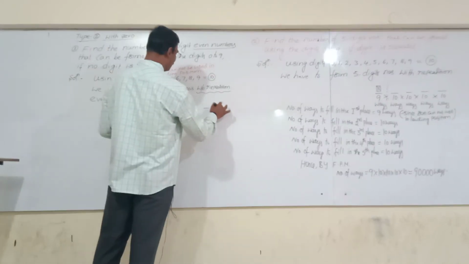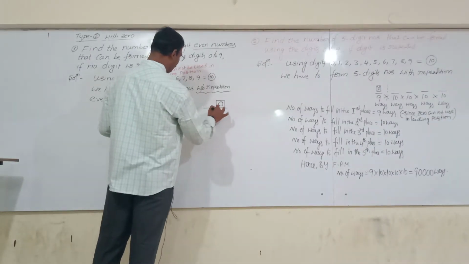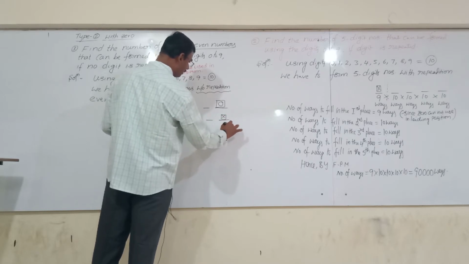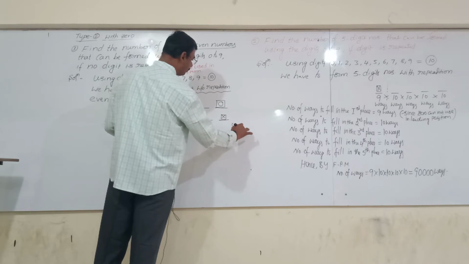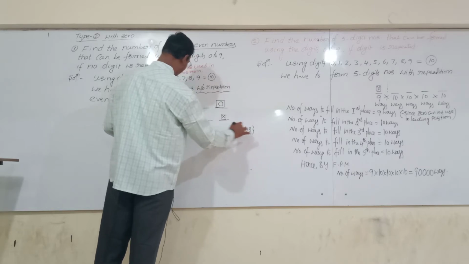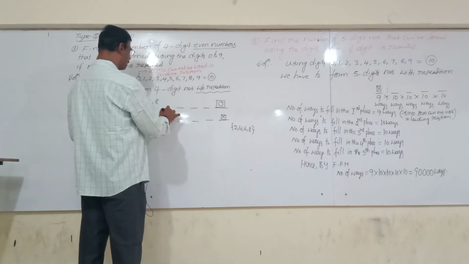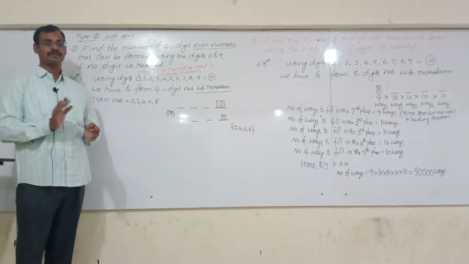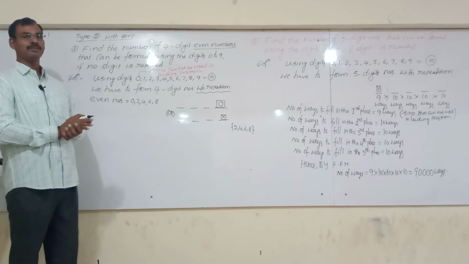So I fill 0 in the unit place. And next, fill the even numbers. So what are the even numbers here? 2, 4, 6, 8. Okay. So remember, this is the very best idea without second thought. You don't need to approach any other method.